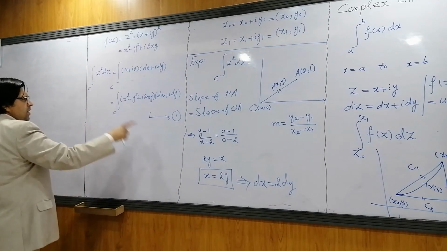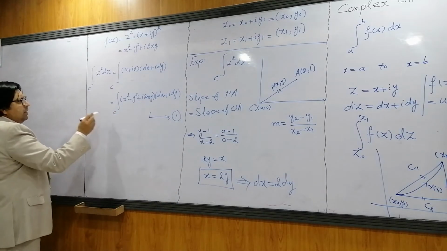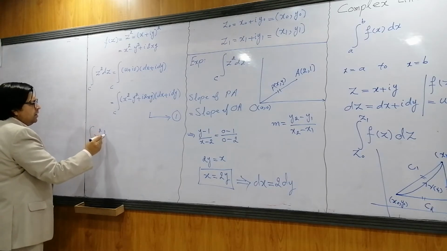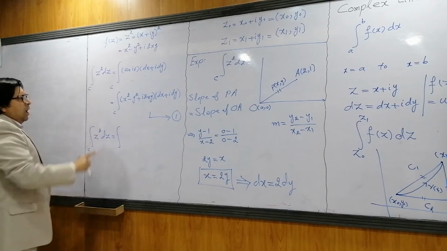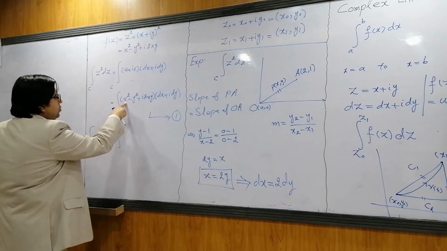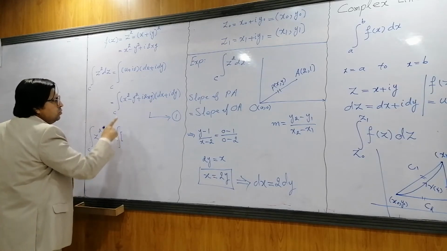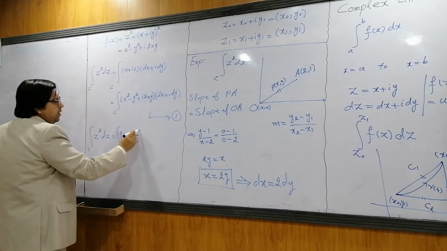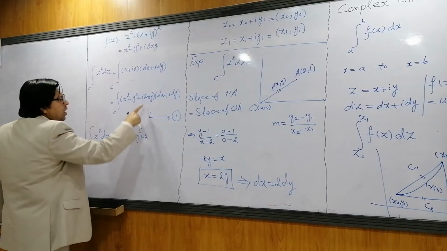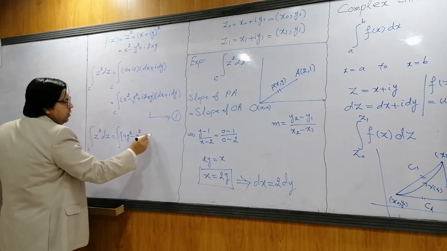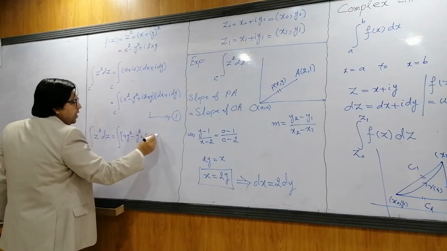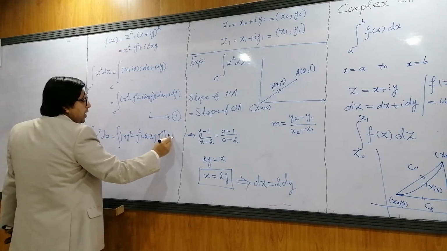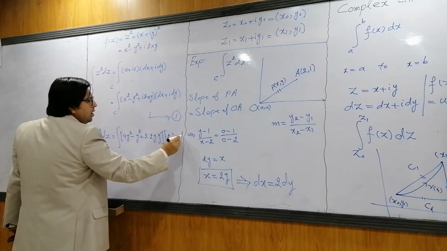Putting these in equation 1, the integral of z square dz is equal to 2y square, which is 4y square, minus y square, plus 2 iota times 2y into y, into 2 dy plus iota dy.